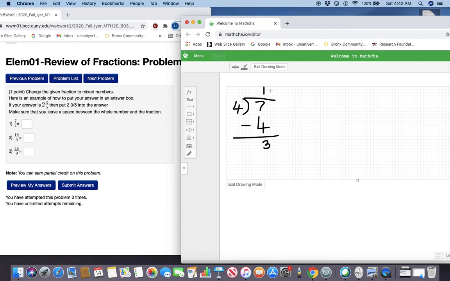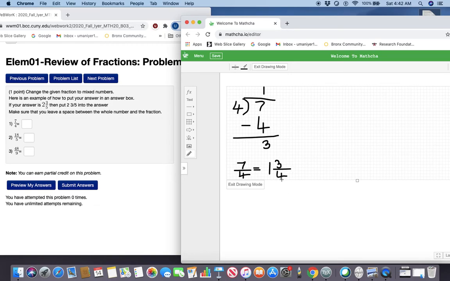Okay, so 7 over 4 is the quotient, that is 1 whole, the remainder, that is 3, over whatever you are dividing by, that's a 4.